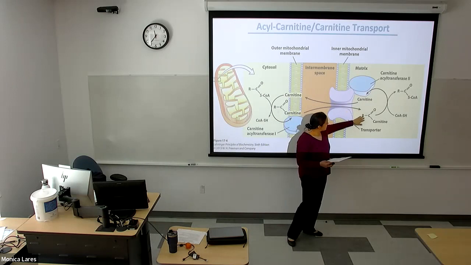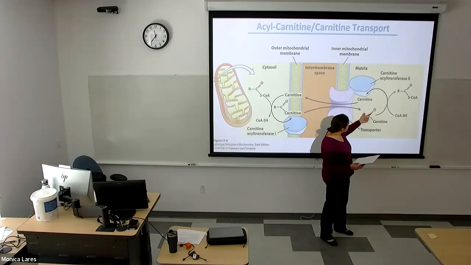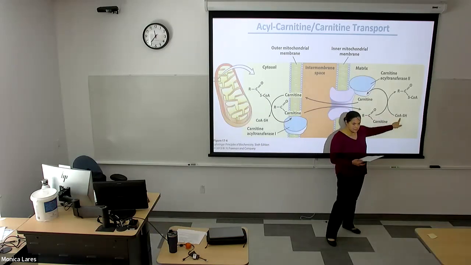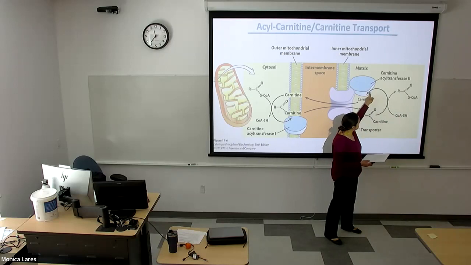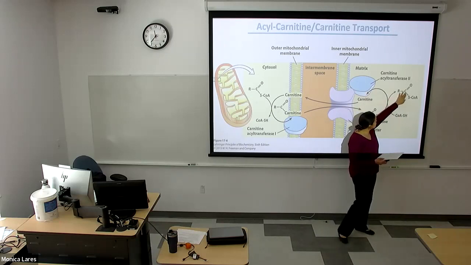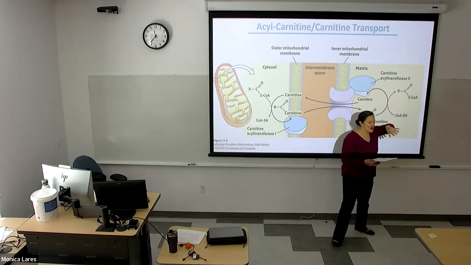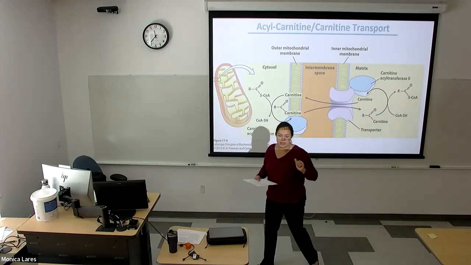Once it's inside the matrix, that carnitine transfers the fatty acid to coenzyme A in the matrix. Then carnitine is released, and now we have this fatty acyl CoA inside the matrix where the enzymes are there to break it down.